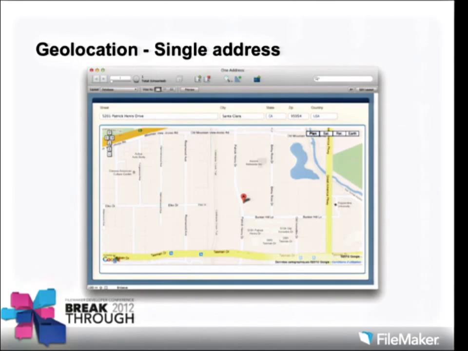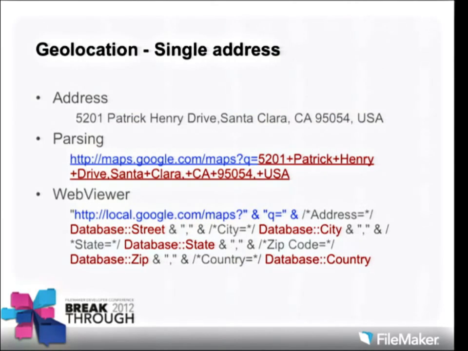An address is probably mainly a physical address. It could be, I think that's the headquarters of FileMaker in the US. And this address can be represented in a URL. That's actually what you use in the web viewer since FileMaker 8.5 to represent this physical address in a map.